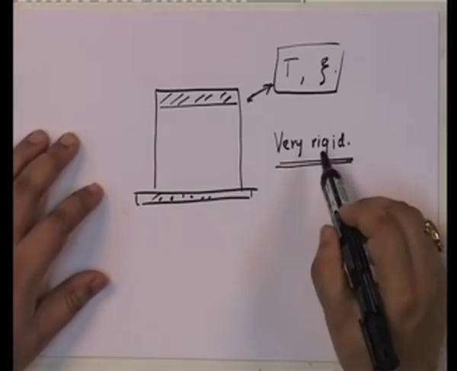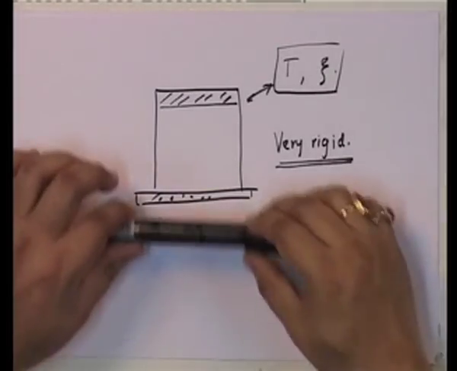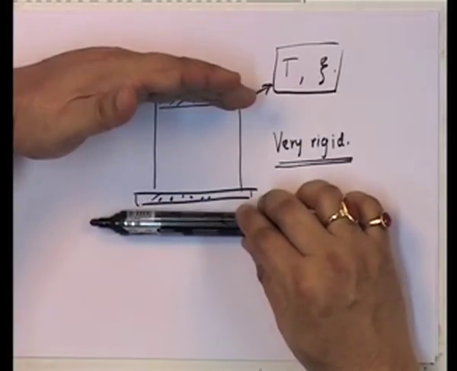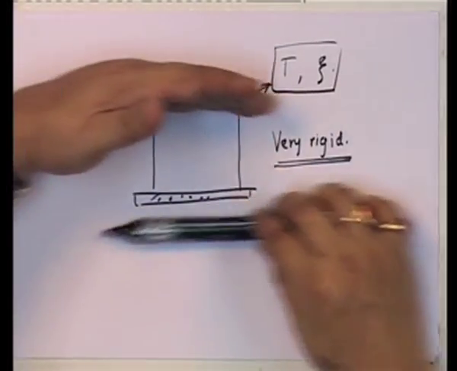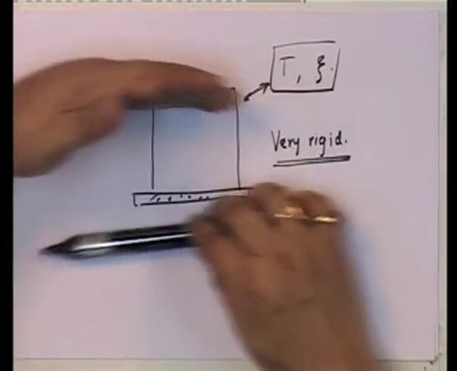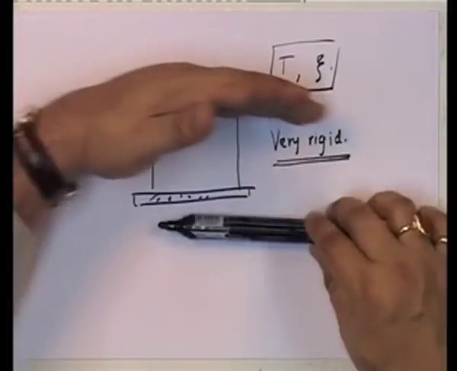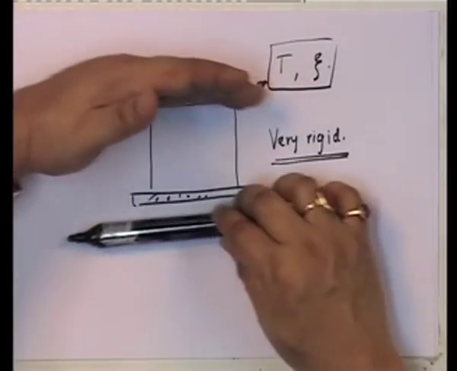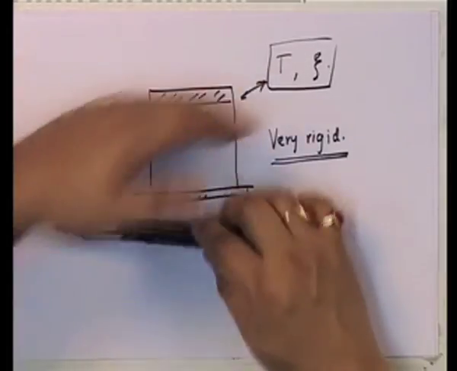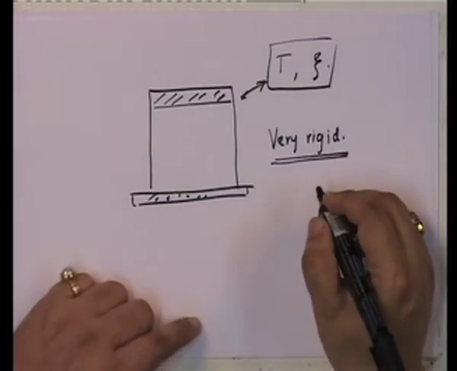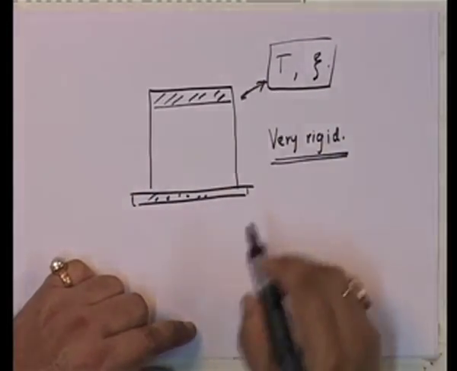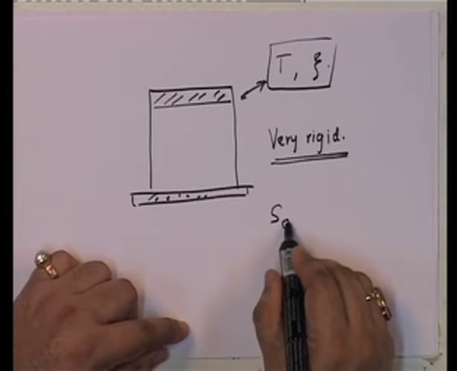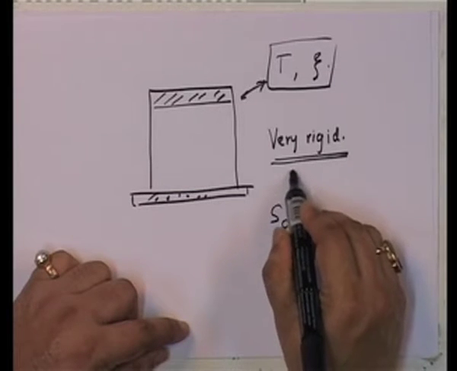What happens? When it is very rigid, the base is vibrating and the top is vibrating with it. Why? Because if it is very rigid, there is no deformation. So the top is moving exactly as the base is. So, what does S A become for very rigid?